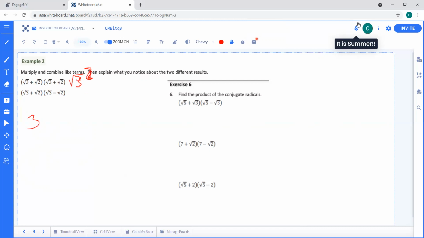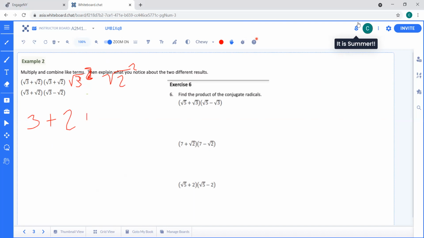And then we're going to have plus the last part, square root of 2 squared, which is 2. Now we have to deal with the 2 middle terms, right? Those 2 middle terms are the outer and the inner, and they're the same thing.